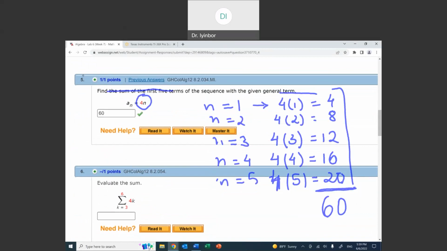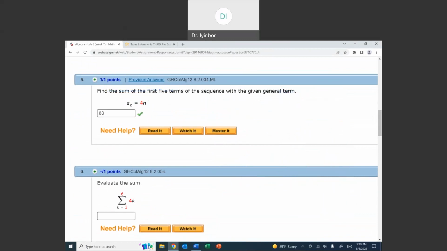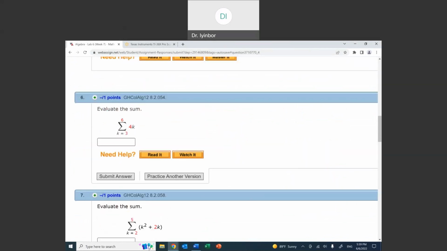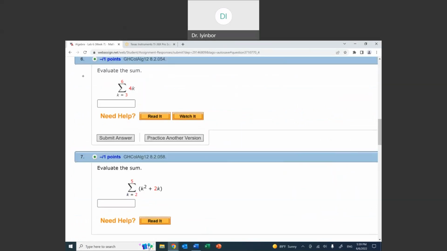Now, number 6 and number 7, they're absolutely the same way. They just look a little different. It's sigma, find the sum. So again, you're going to add numbers here. This symbol sigma means k is changing from 3, from this number here, to the top number 6.